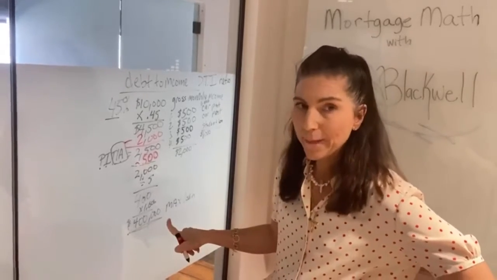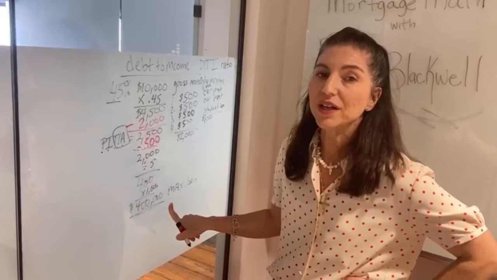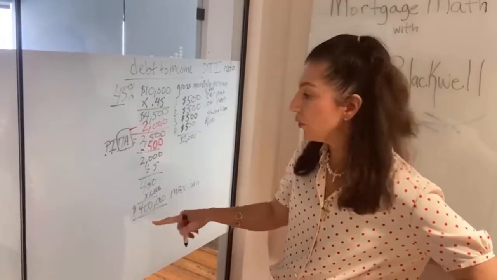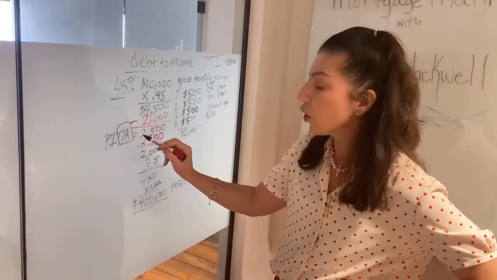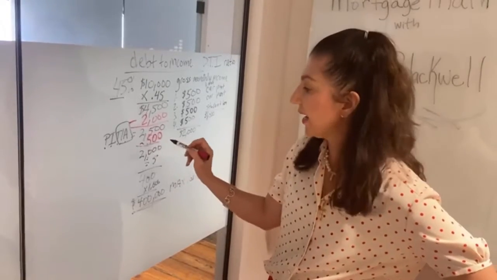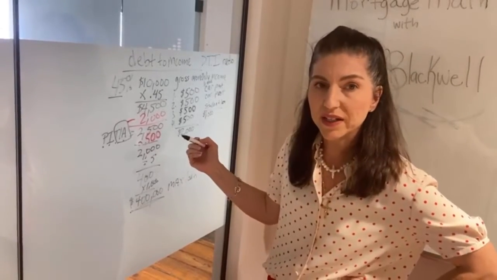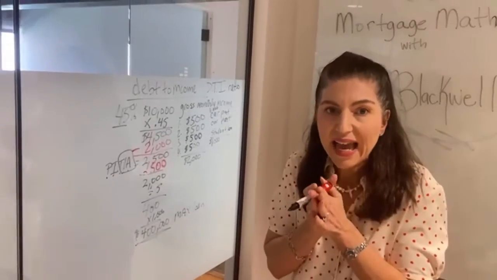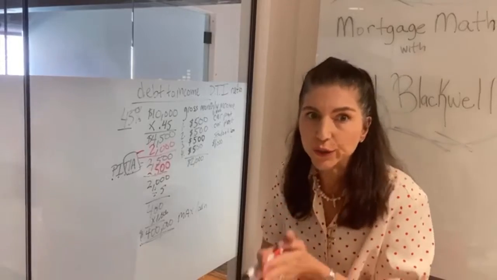This does not mean this is how much they should borrow. They should not borrow more than a total PITIA of $2,500. Yet it's important to ask, what is a good payment for you?